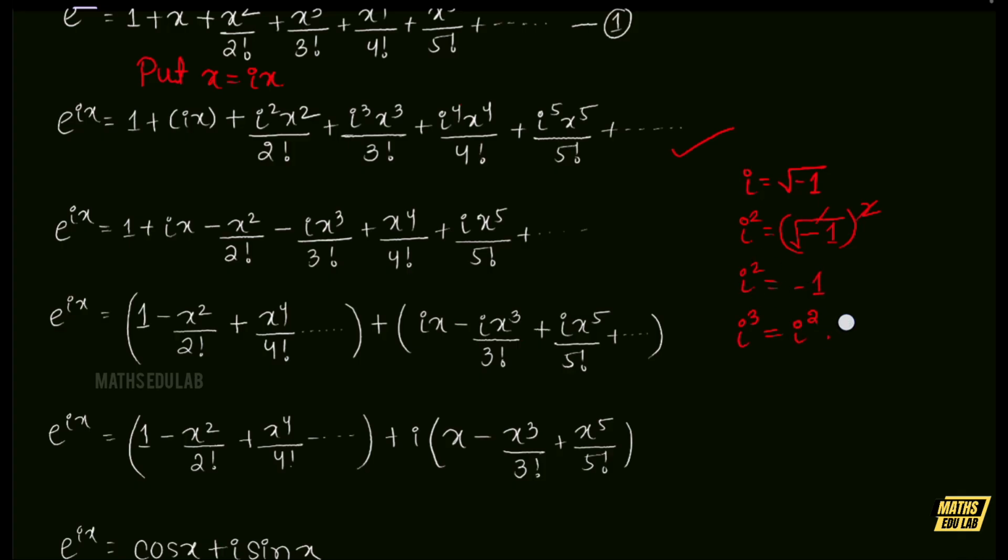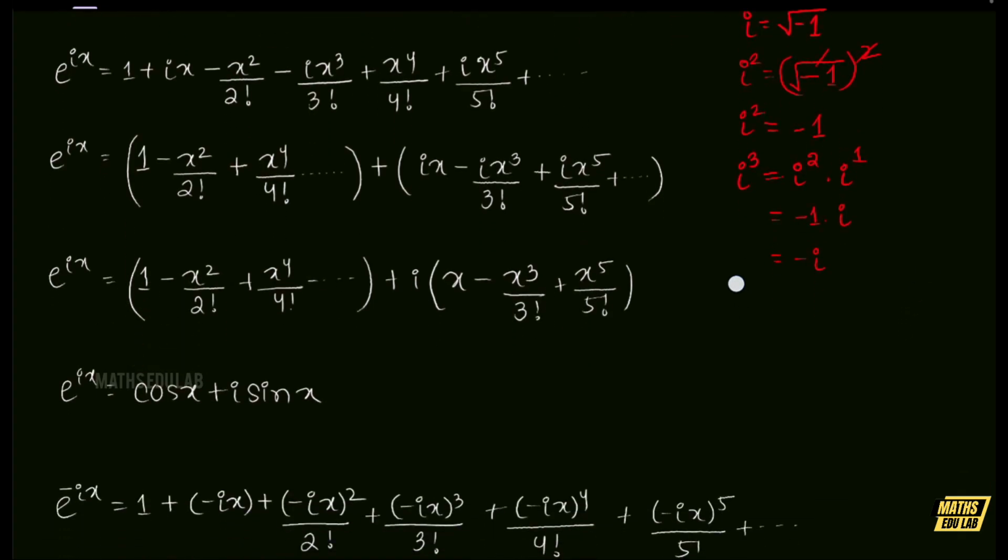So iota square is minus 1 and iota is iota, so iota cube is equal to minus iota. Similarly for iota to the power of 4, I split it as iota square into iota square. The value of iota square is minus 1 into minus 1, which is equal to 1.